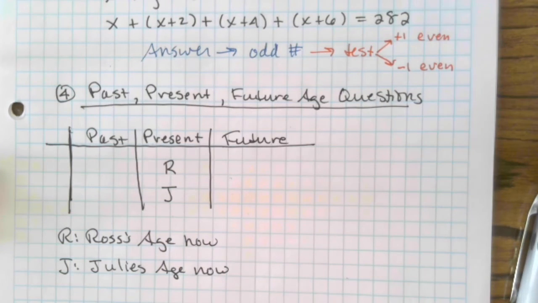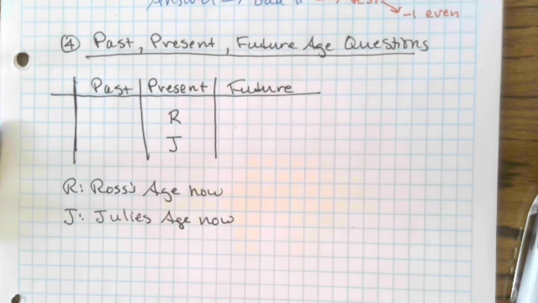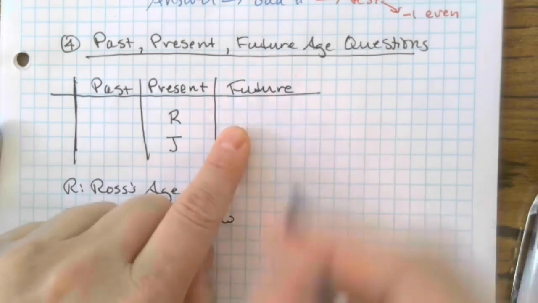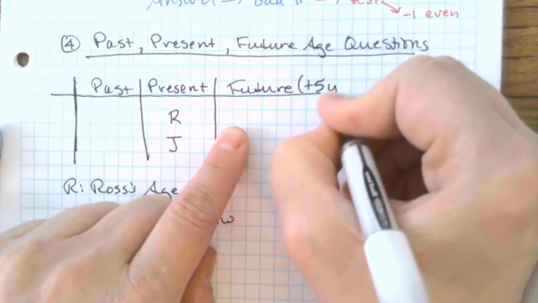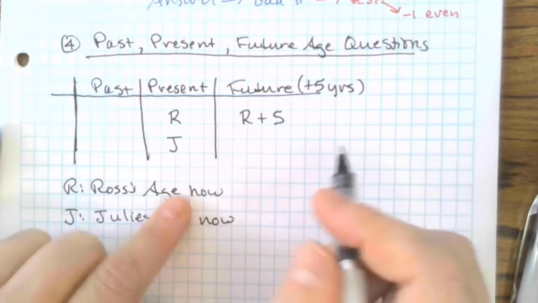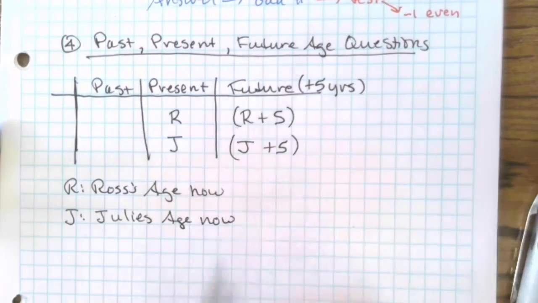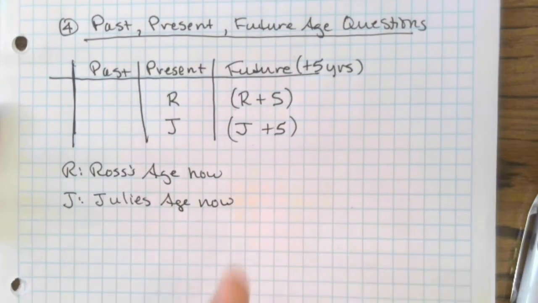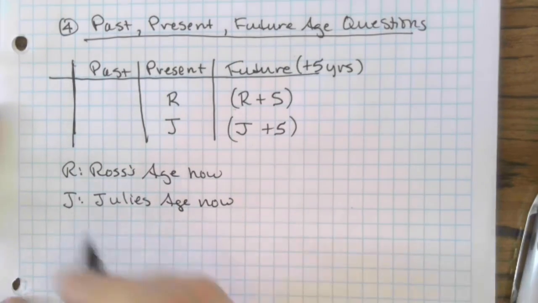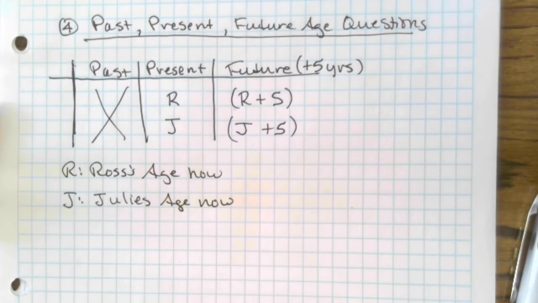Right now, Ross is 20 years older than his niece. Okay, so now we're looking for relationships. But before we do that, let's get the rest of the stuff on the chart. In 5 years' time, so in the future, plus 5 years, Ross will be R plus 5 years, current age plus 5. Julie will be J plus 5. These give us expressions to use in our equations that represent their future ages. So there's no mention of the past in this particular problem, so we can just leave that part blank.